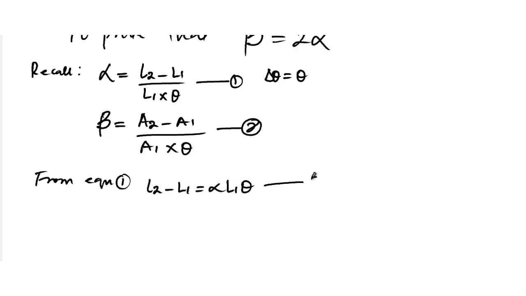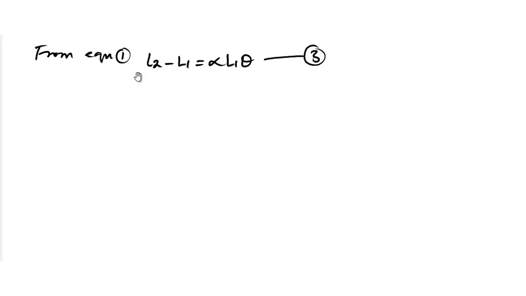Let's call this equation 3. Then we can say that L2, I've always made L2 the subject of the formula, is equal to alpha L1 theta plus L1. I call this equation 4. Don't be carried away by the number of equations. It's just for reference purposes.